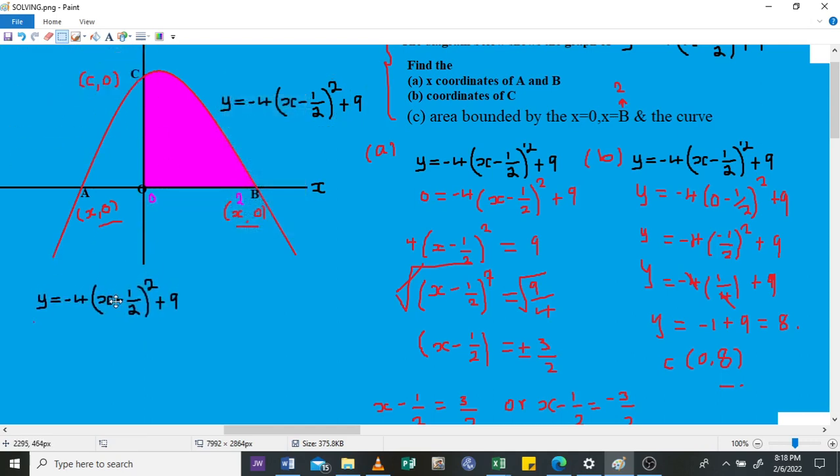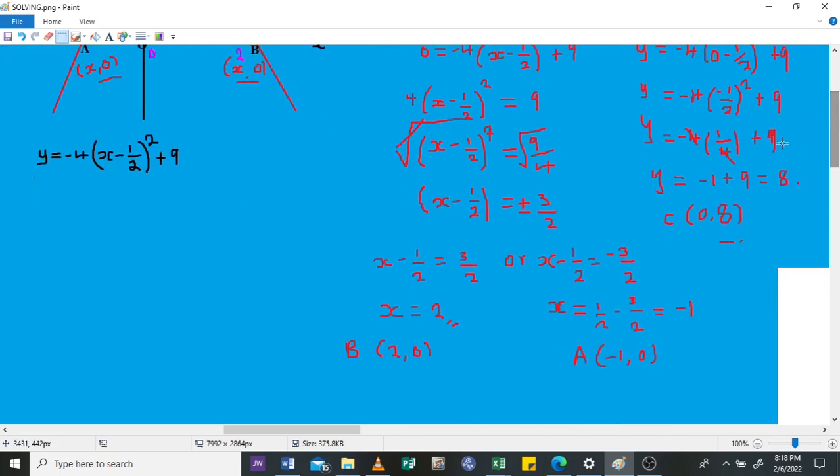Remember, now we are answering question C, don't forget. So this is our formula, our equation, which is representing the graph that we have.